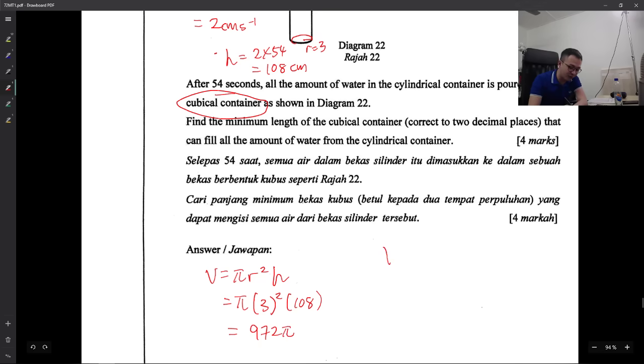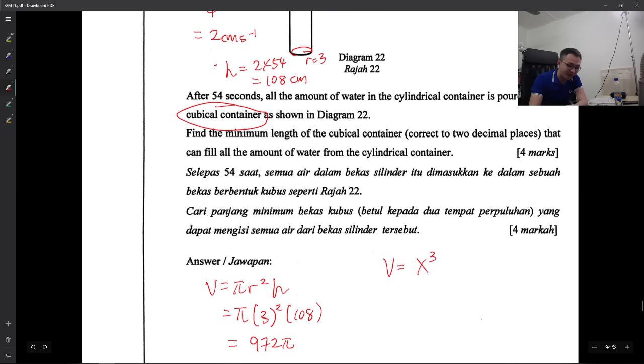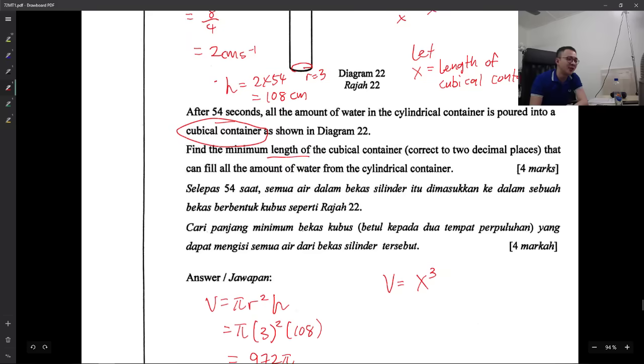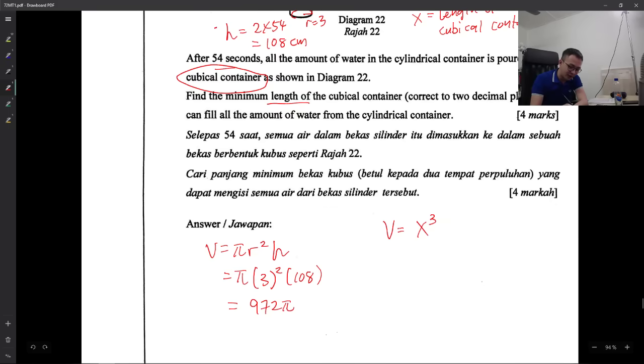Because the volume just now is x cubed, and x is basically the length, and the question asks me to find the minimum length, I will let x be the length of the cubical container. You just write some words to show that this is your x value. Therefore x cubed equals 972 pi, so x is the cube root of 972 pi. I leave my answer in 2 decimal places after the cube root.